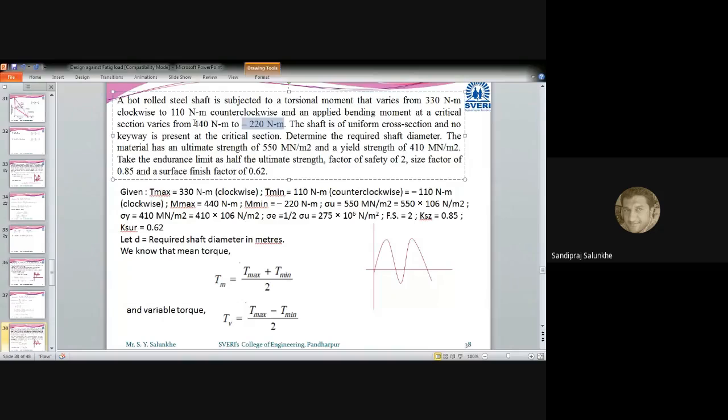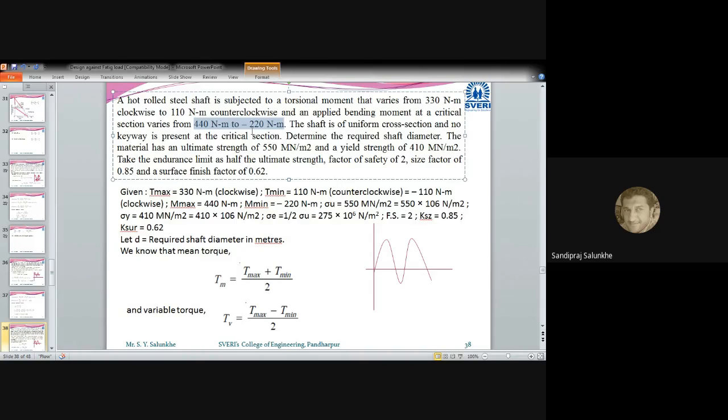Plus we'll say is tensile, minus we'll say is compressive. That's why the tensile stresses generated correspond to 440 Newton meter, and the compressive stresses correspond to 220 Newton meter. The shaft is of uniform cross section and no cleavage is present at the critical section.